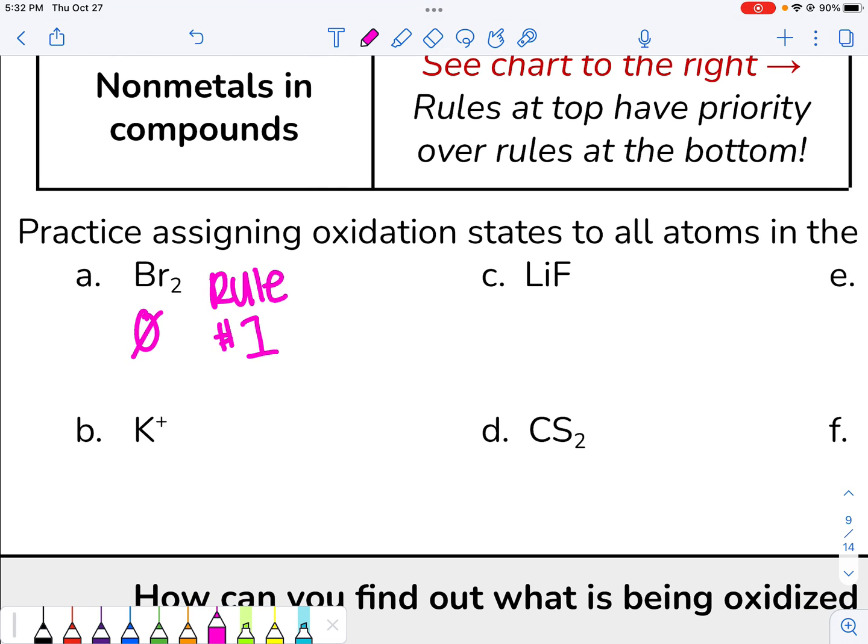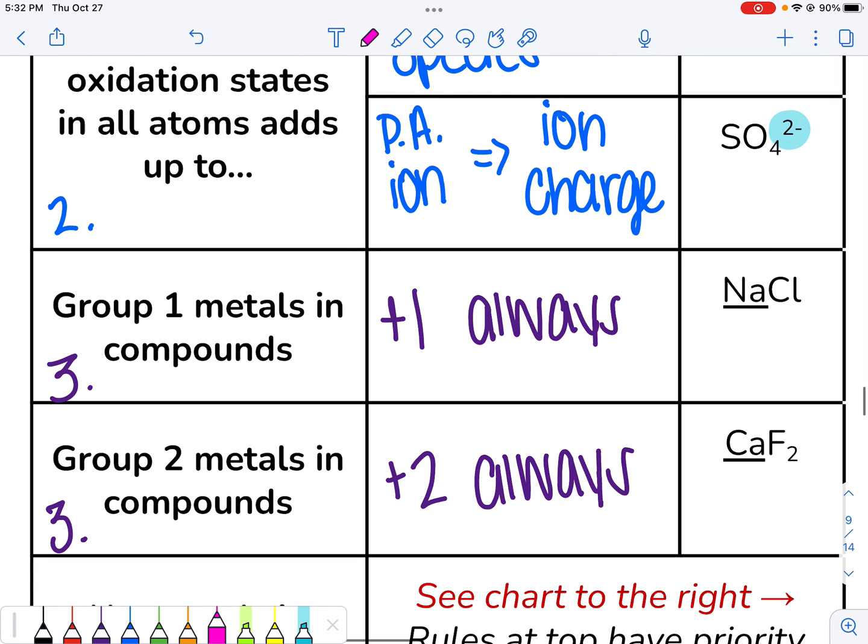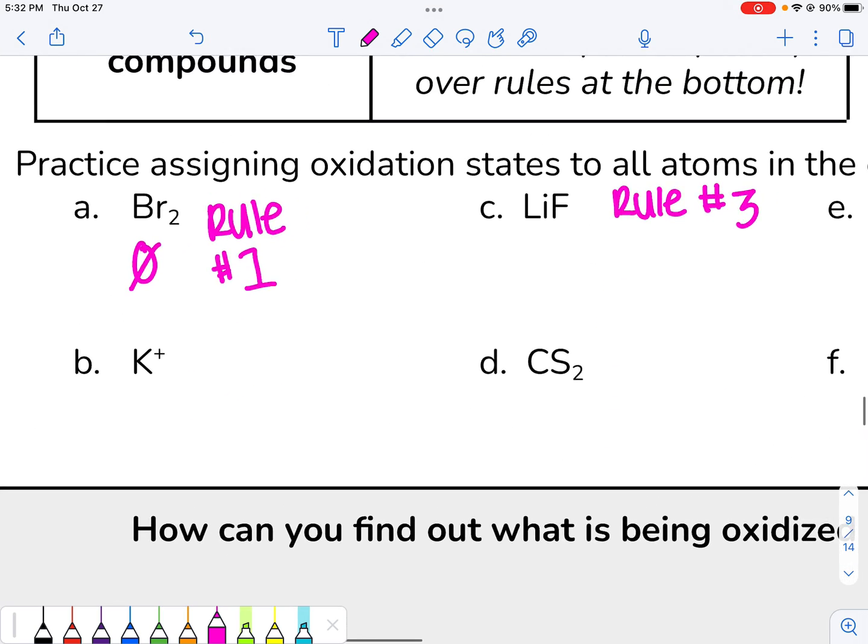All right, next up, lithium fluoride, LiF. So here, lithium and fluorine have 2 rules. The first rule that shows up is rule number 3. Rule number 3 tells us that group 1 metals in compounds will always have a +1 charge. So that's the rule that we assign first.